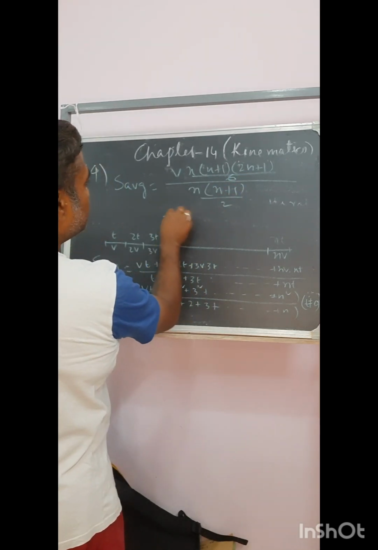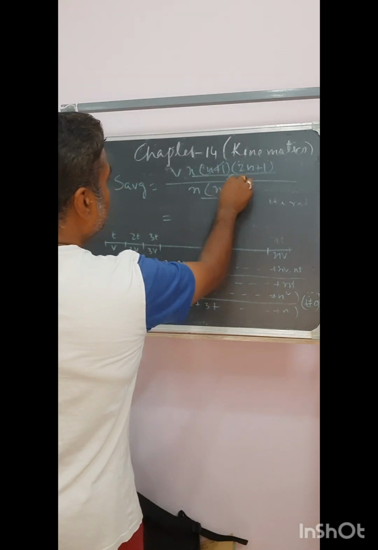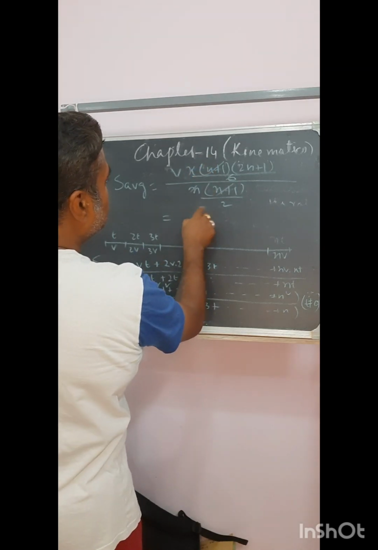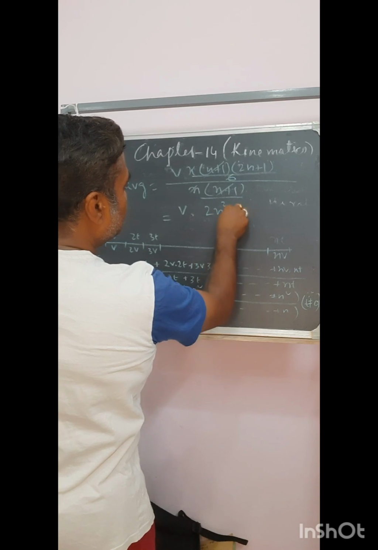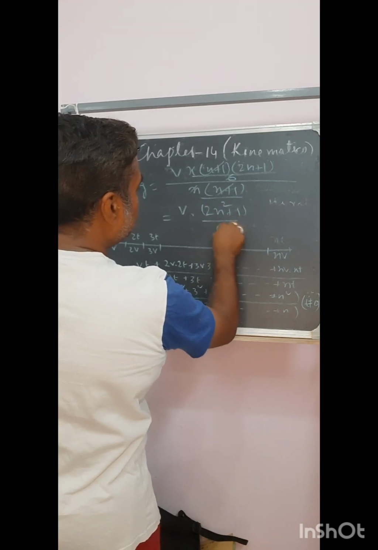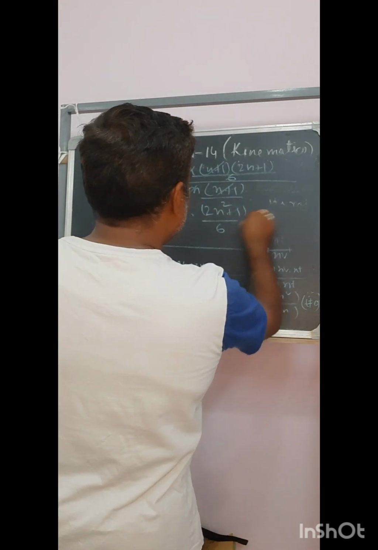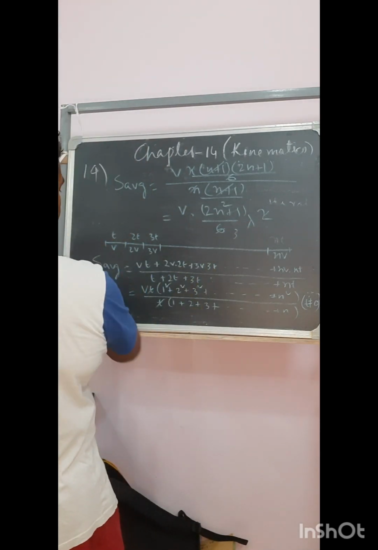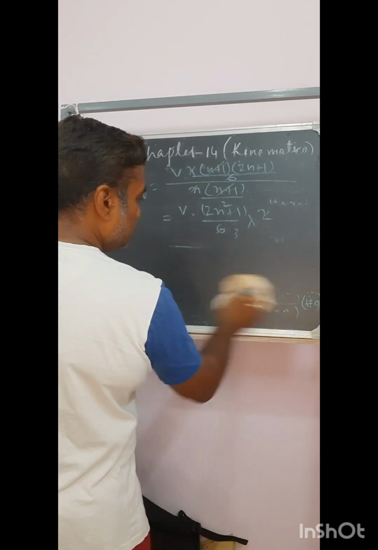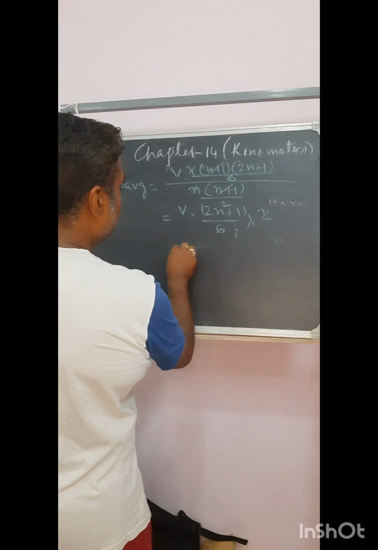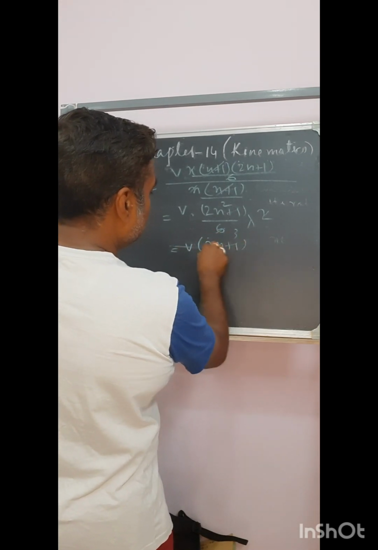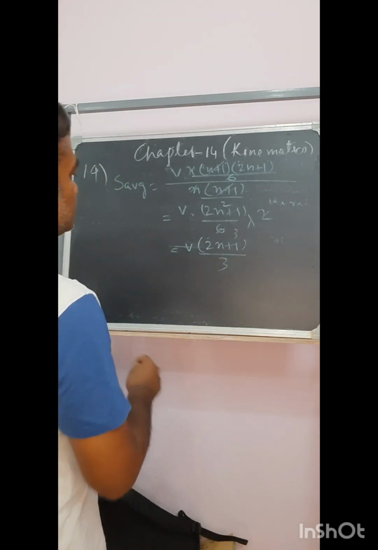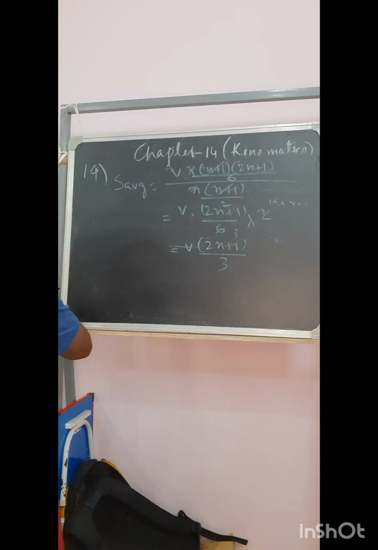I am putting them directly for now. So this becomes v into (2n plus 1), the 6 comes down, the 2 goes up, so it will be 3. Altogether it comes to v into (2n plus 1) by 3. This is the answer for the average speed.